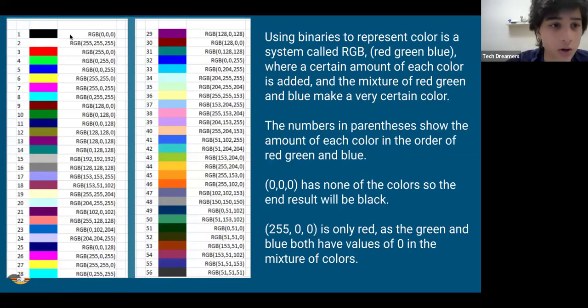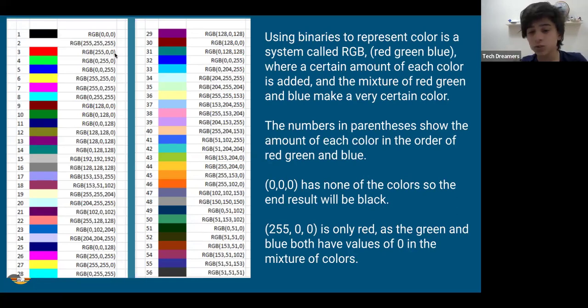So as you can see, the 1 here in the very top left, there's 0 of each, which means there will be no color, which means it will be black. But for example, red, number 3, which is the most of red and none of the others, will give you a pure red.